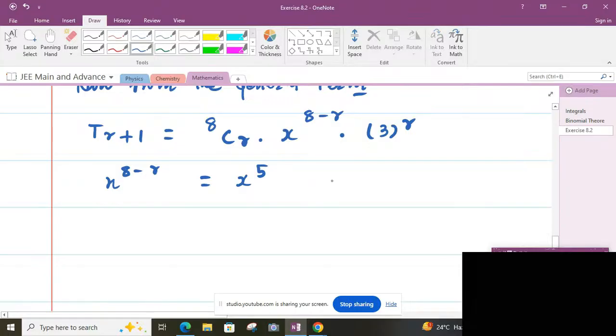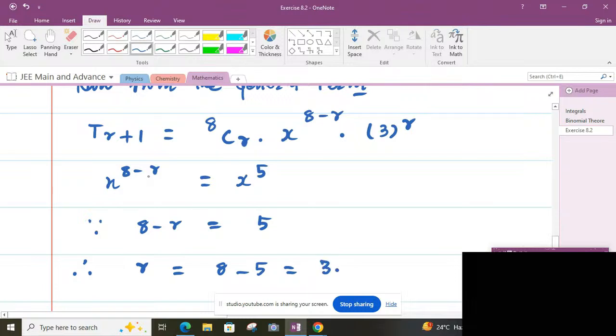There is no problem to understand at this step. Therefore 8 minus r equal to 5. Therefore r equal to 8 minus 5 equal to 3.